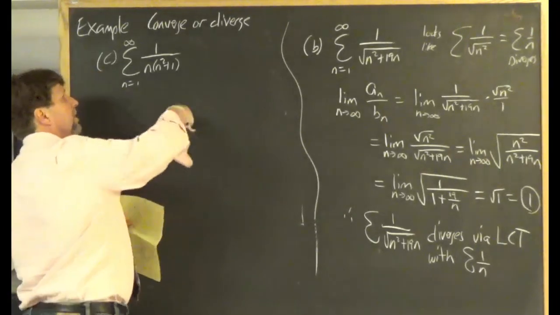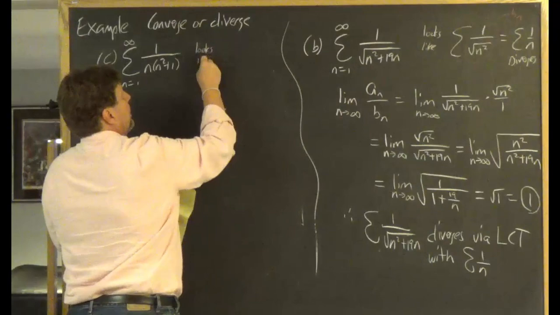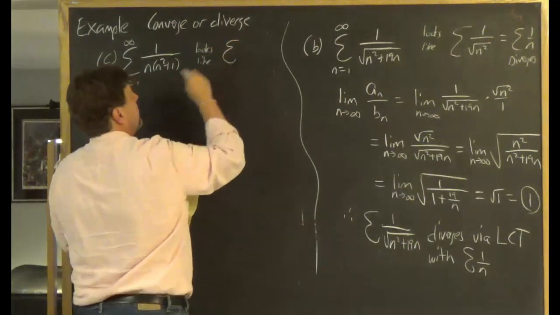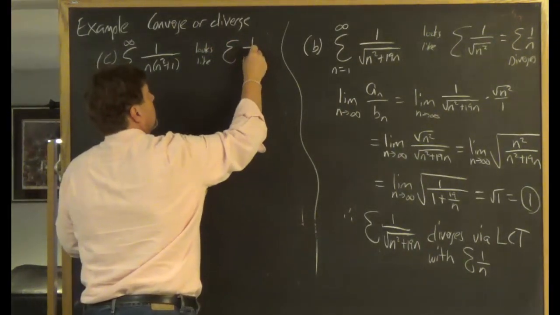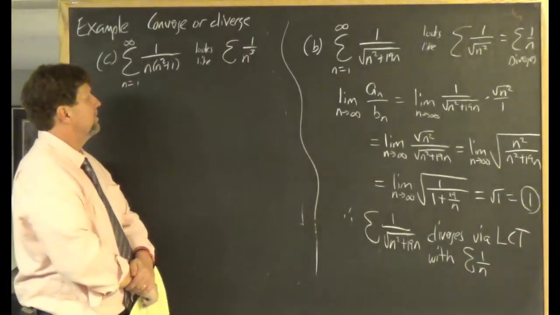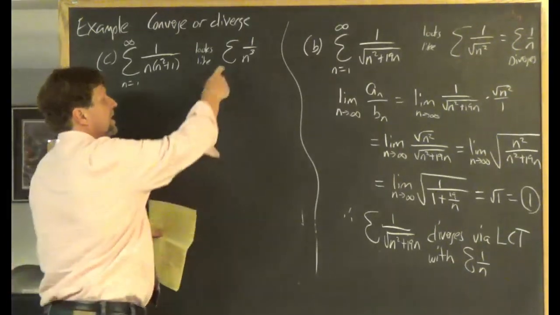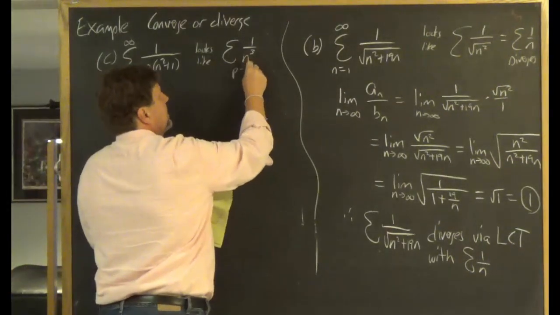If that's 1 over n cubed plus n, I'm going to say, let's compare it to 1 over n cubed. Seems reasonable. We know this series. It's a p-series.